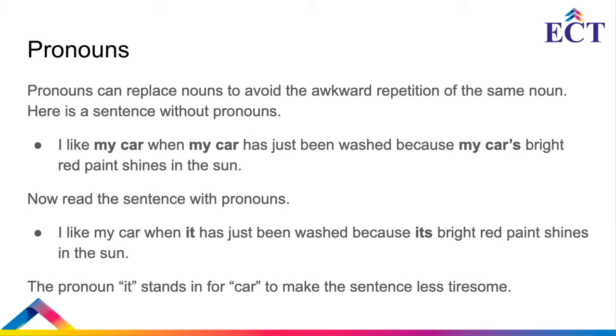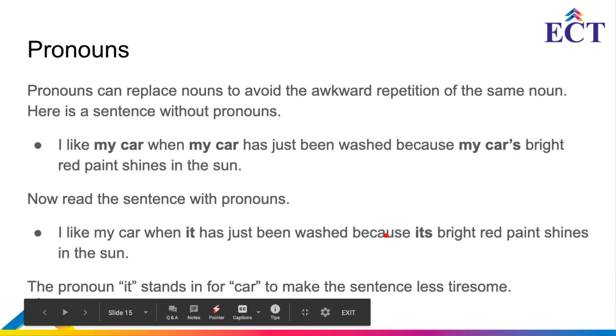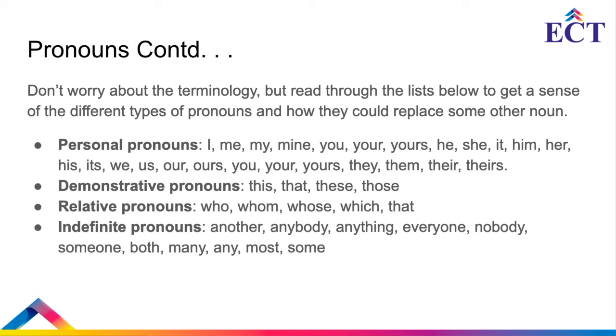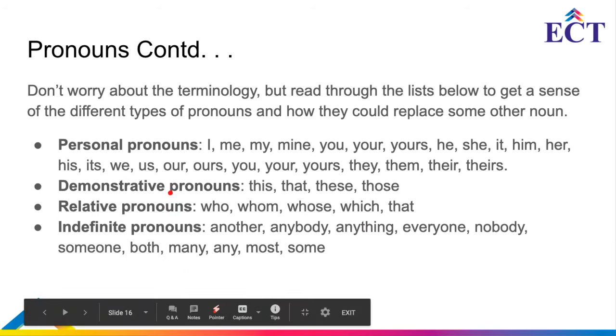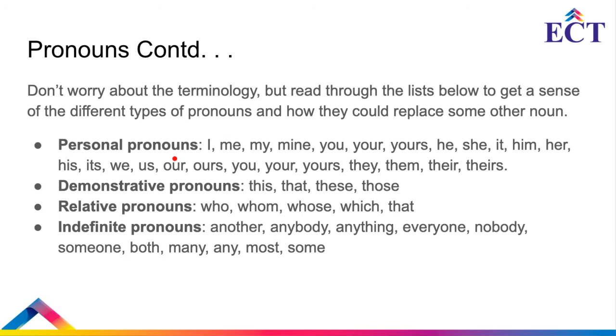All right. So there are different terminologies for pronouns. We use four types of pronouns. Personal pronouns, which basically denote persons: I, me, mine, you. These are examples of personal pronouns. Then demonstrative pronouns: this, that, these, and those, which demonstrate something. Then relative pronouns, which talk about something in relation to something: who, whom, whose, which, that.